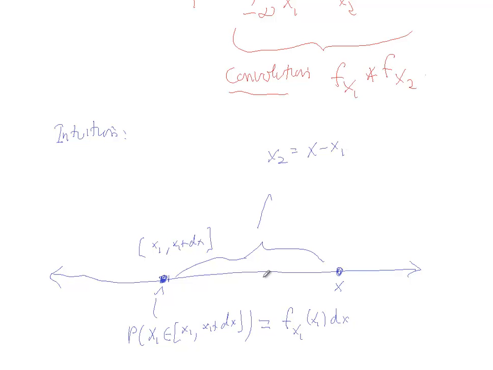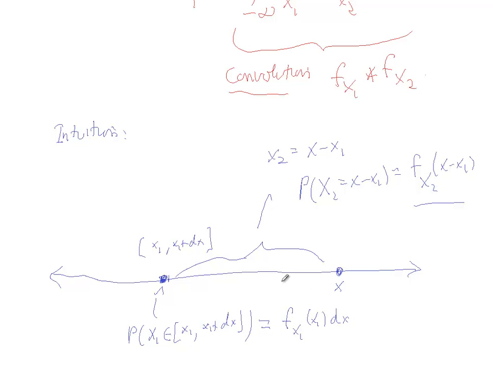So for x2 to be in that small interval, we have the probability that X2 equals x minus x1, which is equal to f_X2 of x minus x1. That's why the X2 density at x minus x1 is multiplied by the X1 density at the point x1.